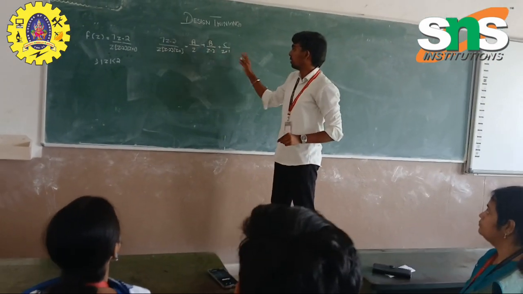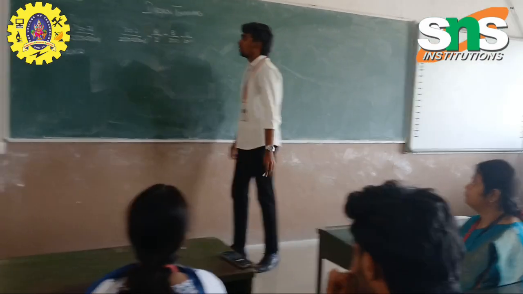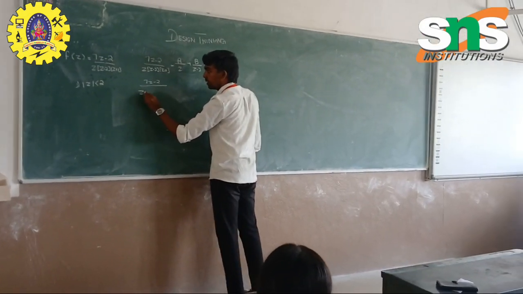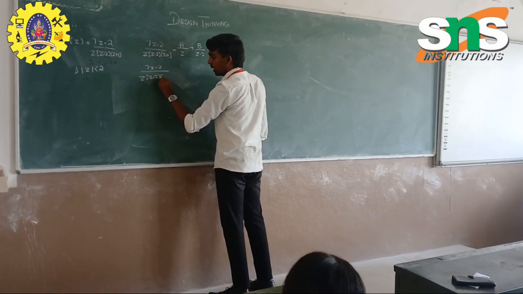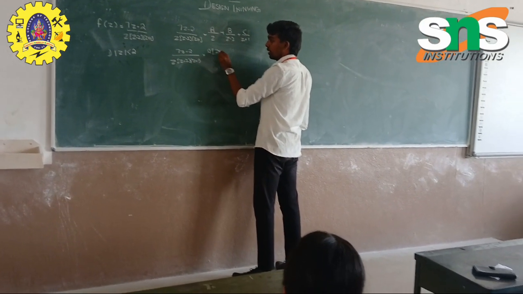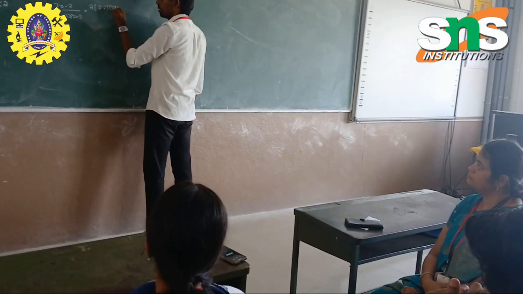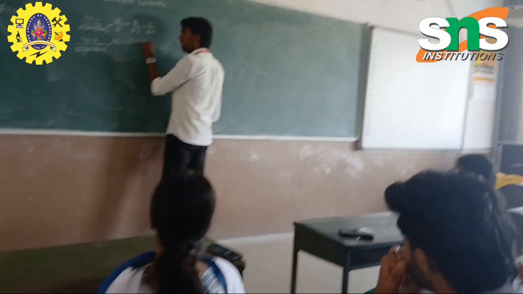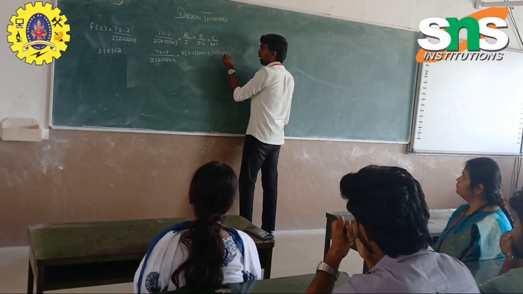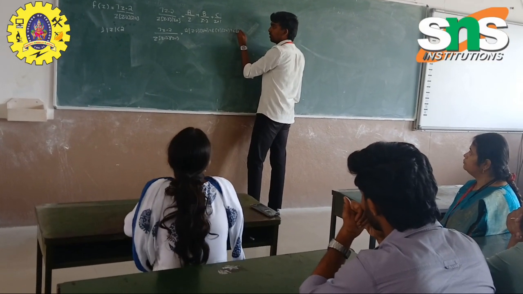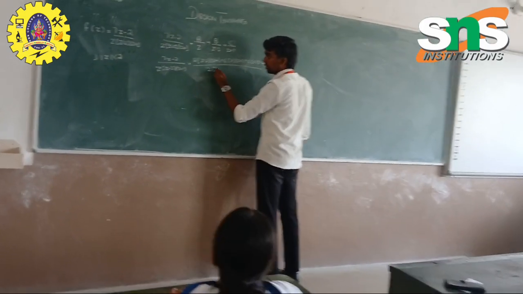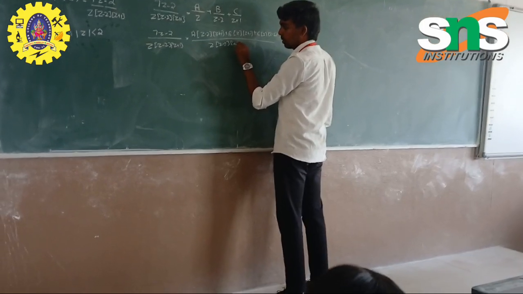So we have here, let me take the LCM in this process: (7z minus 2) by z into (z minus 2) and (z plus 1) is equal to A into (z minus 2) into (z plus 1) plus B into z into (z plus 1) plus C into z into (z minus 2), all by z into (z minus 2) and (z plus 1).